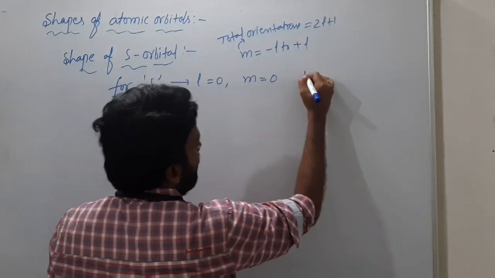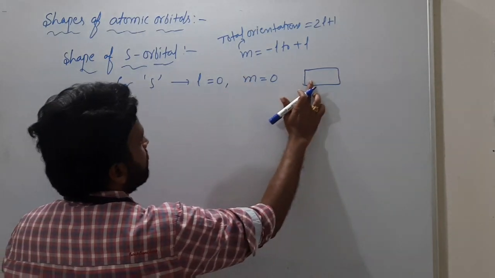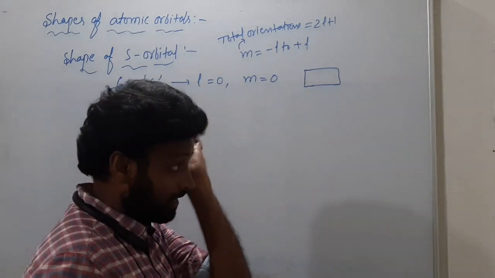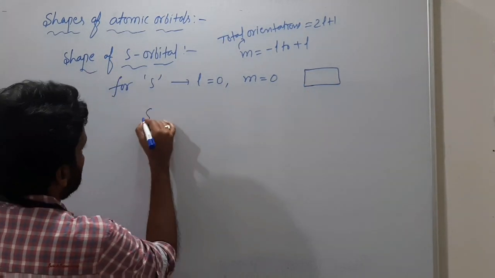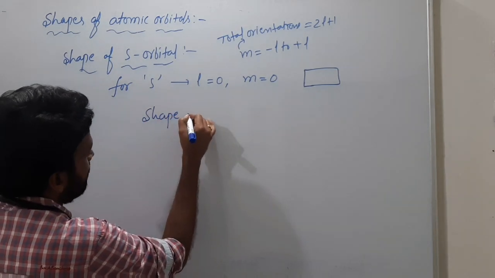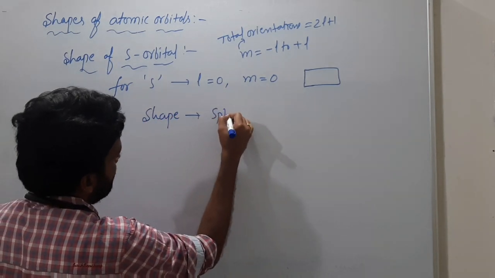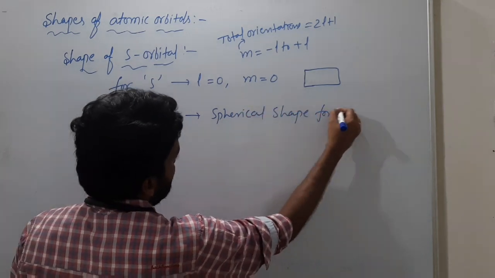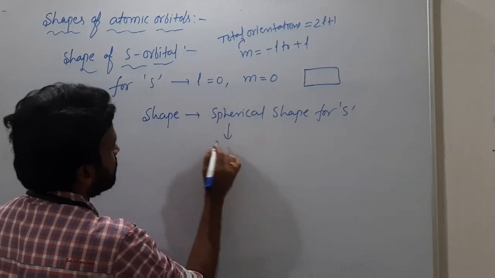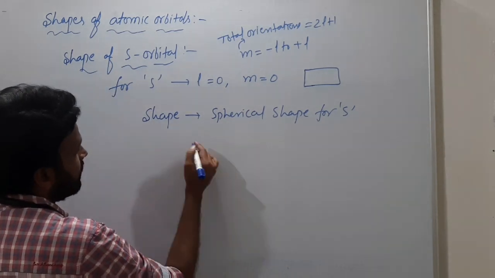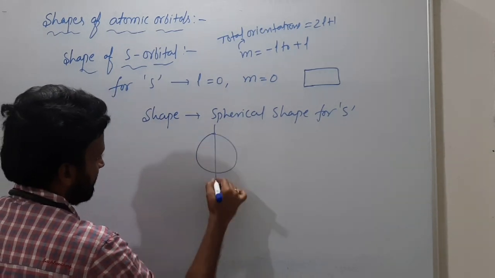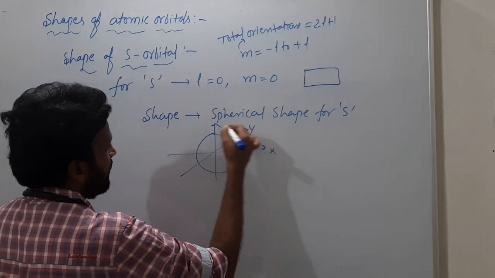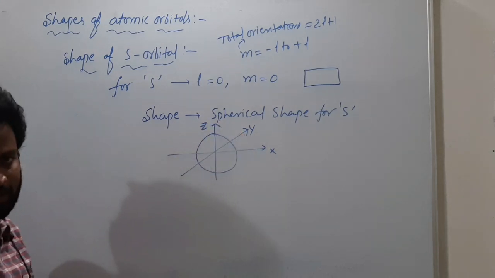So how many degenerate orbitals for s? Only one. And therefore s has a spherical shape. Spherical means like this. So it has probability along the x-axis, y-axis as well as the z-axis.